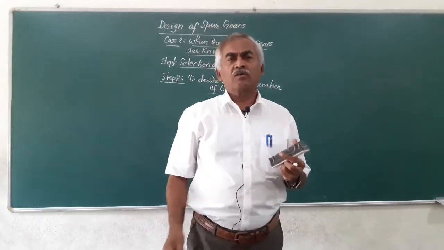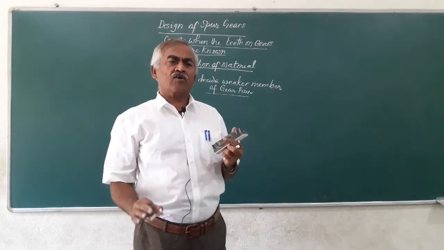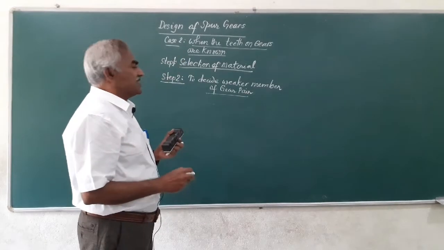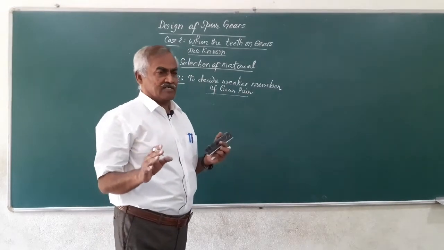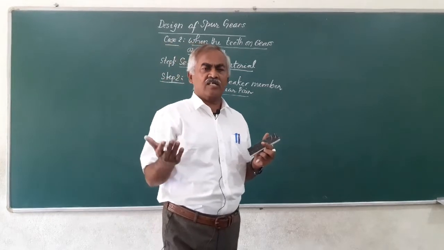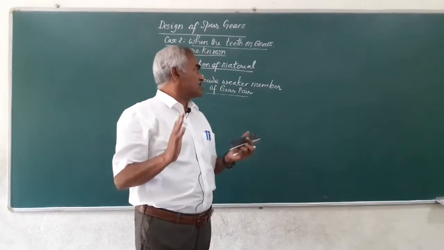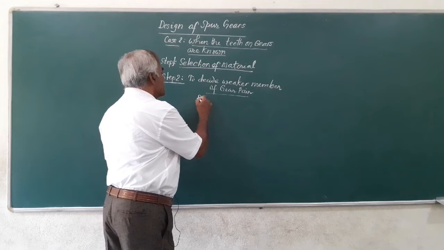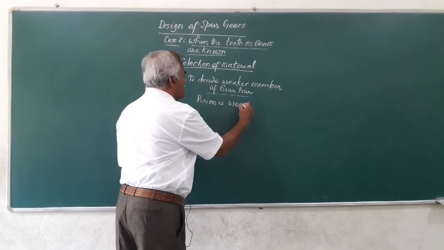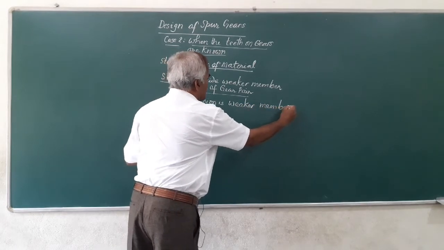Friends, whenever the material used for the gear and the pinion are the same, then pinion is the weaker member and the design is based on pinion. That is, whatever may be the metal, whether it is a steel or a cast iron, an alloy steel, a forged steel, a heat treated steel, whatever may be the material, if the materials are the same, then the pinion is the weaker member and the design is based on this pinion.